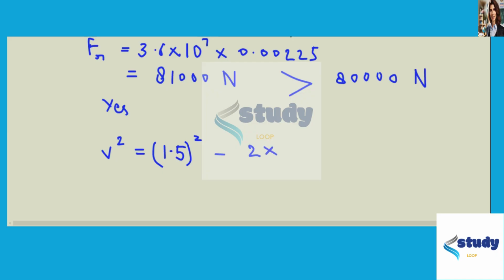So the force by the engines is 80,000 divided by the mass, which is 3.6 times 10 to the power 7. This is the acceleration provided, into the distance traveled, 500 meters. Solving this, we will get the velocity with which the ship will hit the reef.